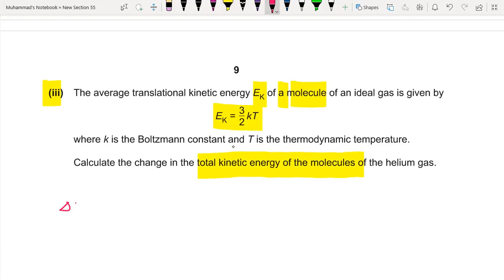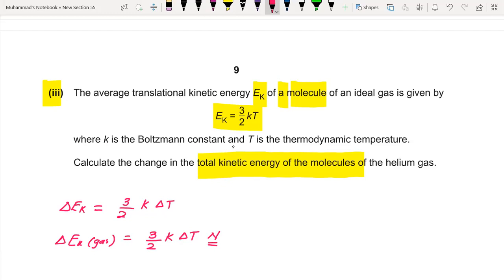So change in kinetic energy of a single molecule will be equal to 3/2 k times change in temperature. This is the change in kinetic energy of a single molecule. And the change in internal energy of the gas will be the change in kinetic energy of a single molecule multiplied by the number of molecules.